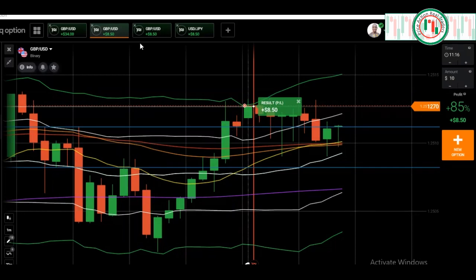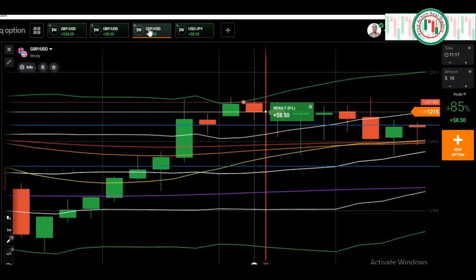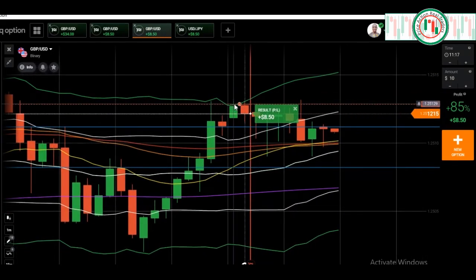You see, then the third trade here. After this candle, still I know because of the breakout, at least the market has to reach this zone before it reverses. You see the market reached the zone, you see it reverse. So that's why I place my trade here.